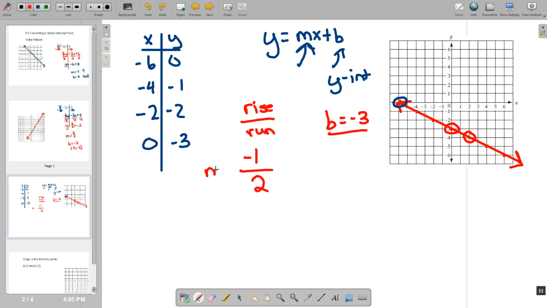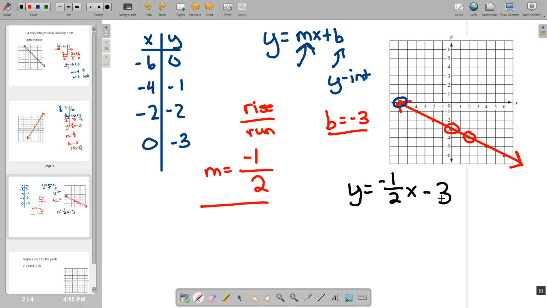So it looks like our slope is negative 1/2, and our b value is negative 3. And from there, we can make our equation: y equals negative 1/2 x minus 3. And we're done.